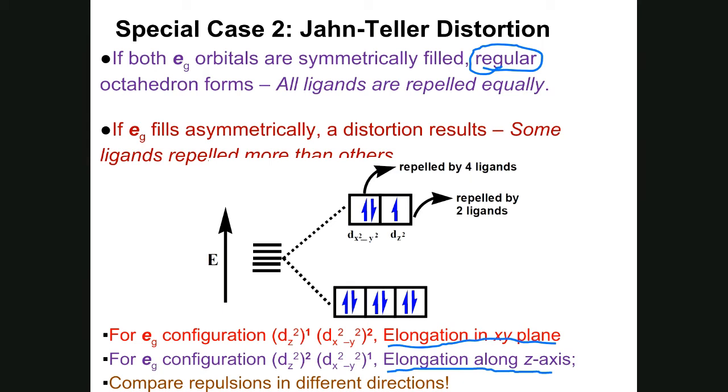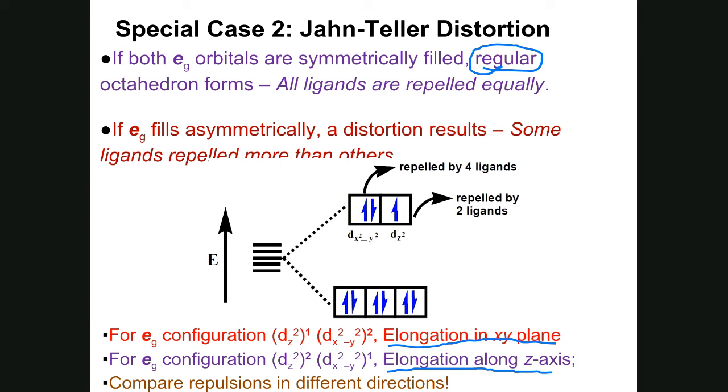But if you've got a high population of electrons in the Z squared orbital or along the Z axis, it means that now the ligands in the Z direction will suffer significant repulsion, and their bonds will elongate, and those in the XY plane would now find a chance of coming closer, because as those ones move out, they're decreasing electron density at the metal, and the other ligands find a chance to come up.